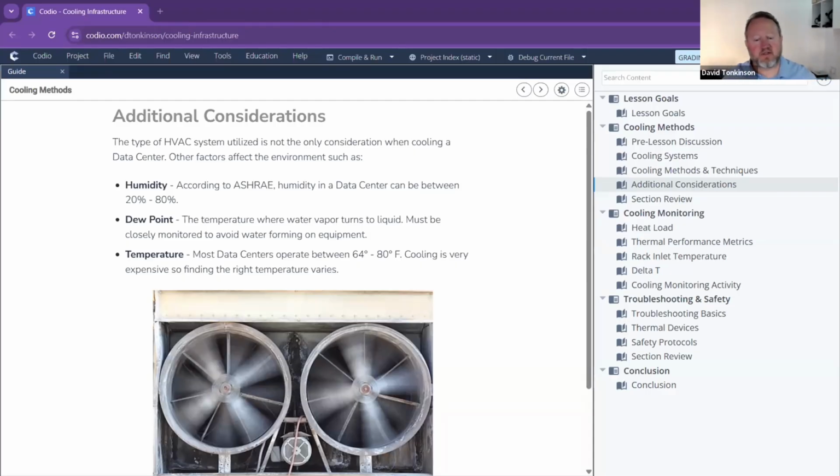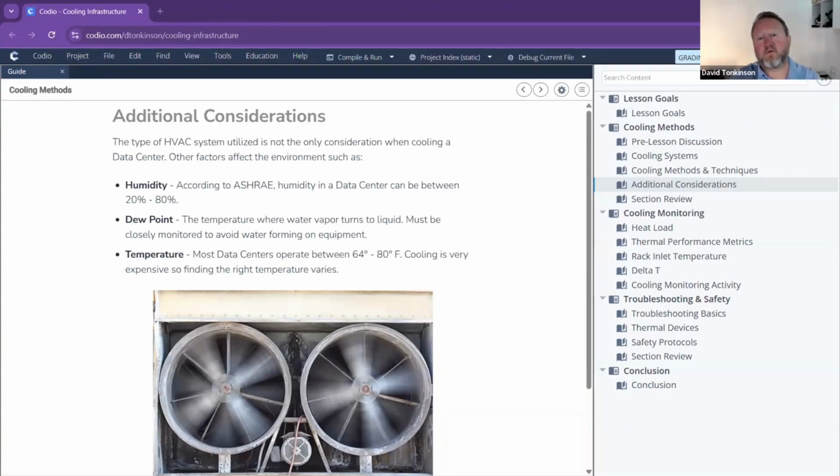Okay, so there are additional considerations to be made. It's called HVAC for a reason. We need to consider humidity. Humidity in a data center can be between 20 and 80%. Lower humidity is probably better. We like drier systems. We also need to consider things such as the dew point, the temperature where water vapor turns into liquid, which must be closely monitored.